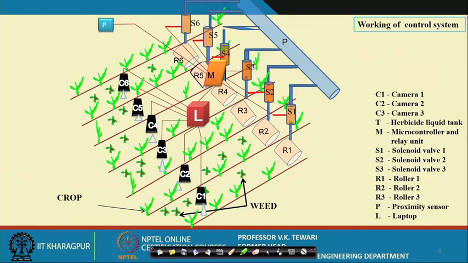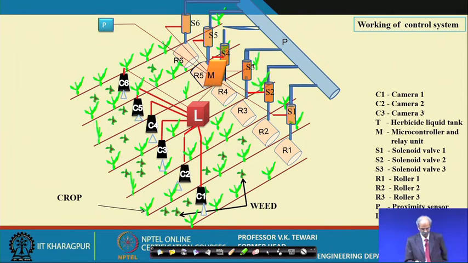You see here that you can see that from all the cameras, this has come to the laptop, then it will go to the microcontroller, then it will go to the various solenoids, and then from the solenoids then it will come into the rollers.